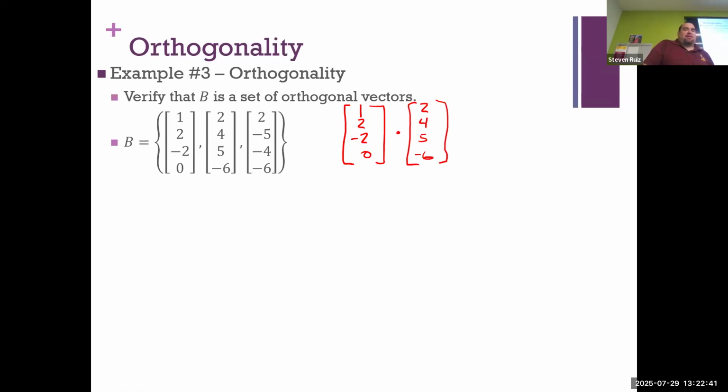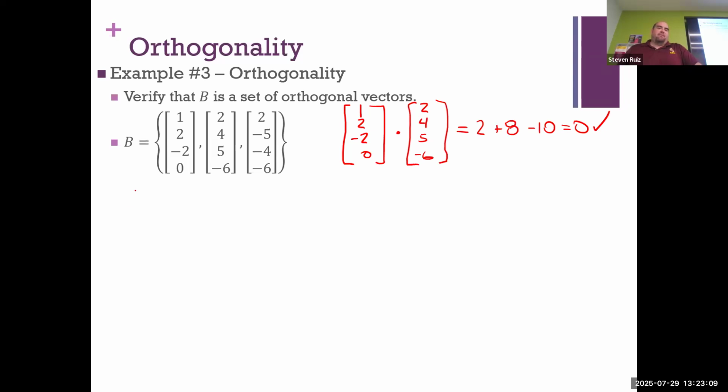So how many different dot products do I need to take? 3. So I already wrote down one of them, so let's make sure. What's the dot product here? Is it 0? 2 plus 8 minus 10. Good.